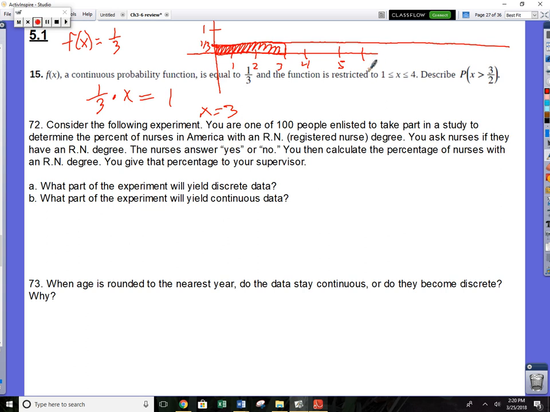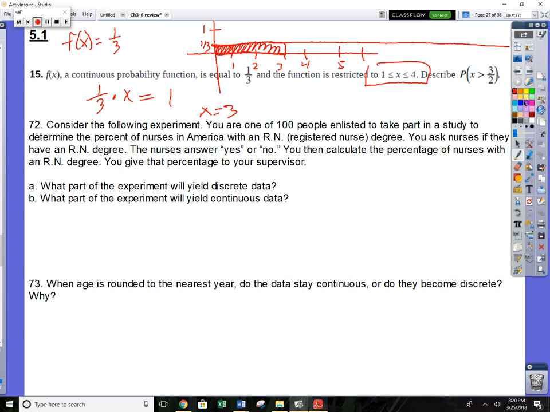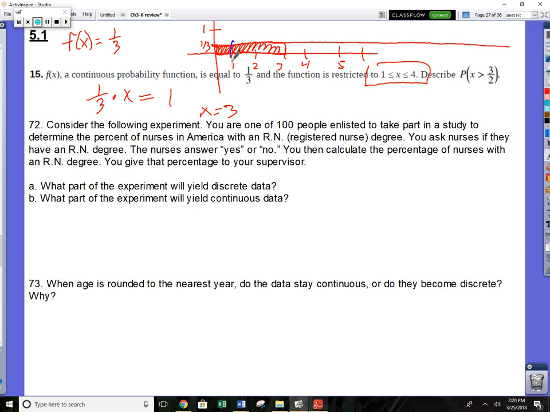But they are going to change the domain. They're going to restrict it from 1 to 4. So from 1 to 4, this is where we're looking right here. They're going to start it at 1 and end it at 4, which is okay because that's 3 long and it's still 1/3 high, and 3 times a third. So that does account for 100% of my probability.